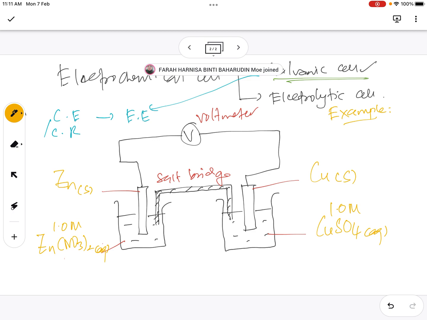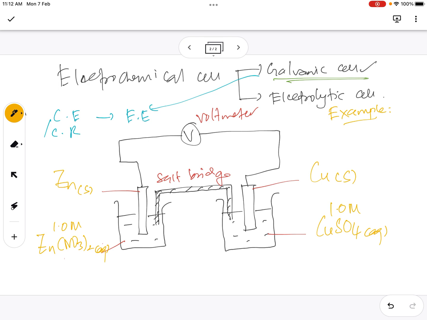Remember that your aqueous solution should be the soluble salt. Jangan pergi pilih salt yang insoluble nanti electrolyte tak berfungsi. Sebab itu saya kata pergi cari apa tu definition electrolyte. Electrolyte should be soluble salt then only you can produce mobile ions, free moving ions, ion-ion yang bebas bergerak.